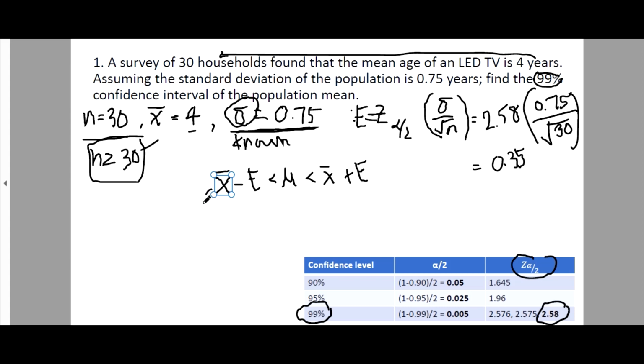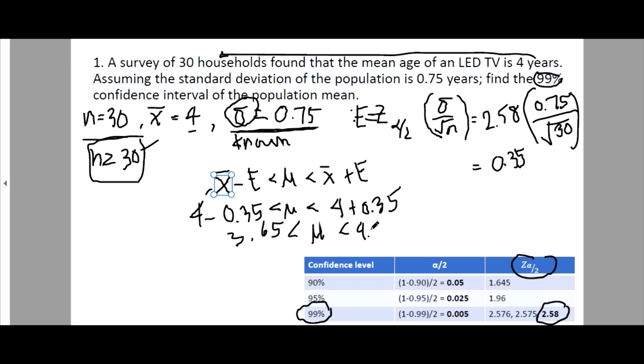So we have 4 minus 0.35, and the other one is 4 plus 0.35. Using your calculator, you subtract, so we have 3.65, and on the right side, of course, that is 4.35.